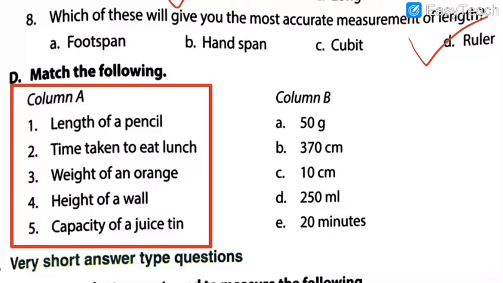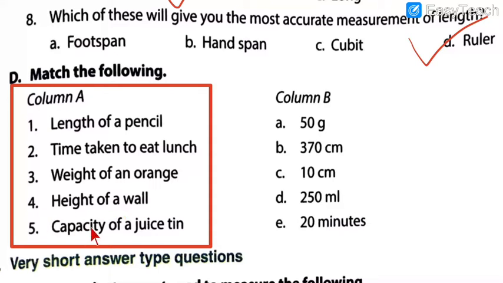Column A and column B. Column A. Length of a pencil, number 1. Time taken to eat lunch, number 2. Number 3, weight of an orange. Number 4, height of a wall.